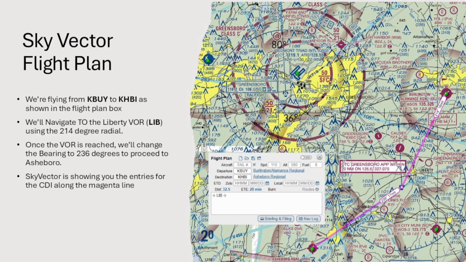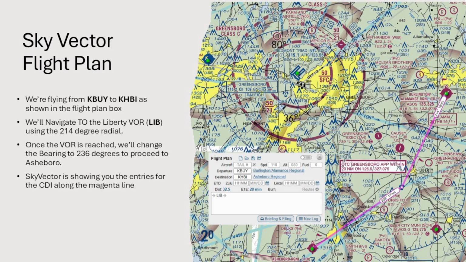We're picking our departure airport, our destination airport, and then the Liberty VOR to navigate between the two, right? So obviously degrees of complexity can go up in terms of how you're using VORs, but this is a simple point-to-point with a VOR in the middle, just to get used to what's going on with the instruments.